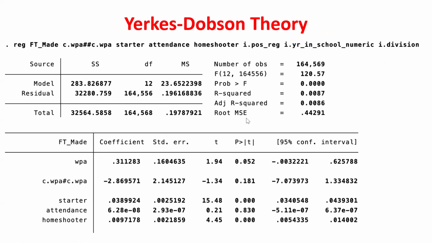Yes, okay. So this was this Yerkes-Dobson theory, this idea of pressure. So I look at my coefficients. Sure enough, the linear term is positive, but that squared term is negative. So as the pressure of the shot increases, initially my performance goes up, but then at a certain point, it's going up at a decreasing rate. Potentially, it starts to go back down.